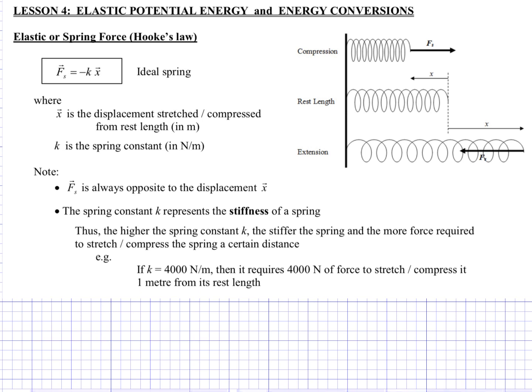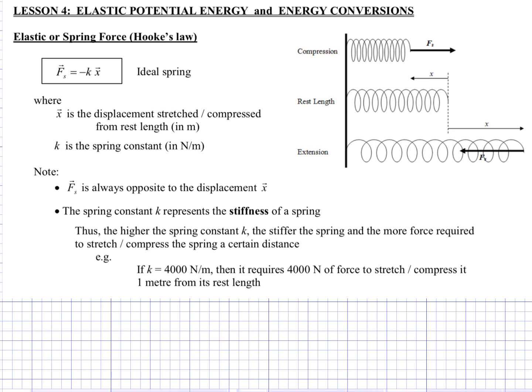It's a number that is associated with that particular spring, and it tells us essentially how stiff the spring is. A large k constant means it requires a large force to move or stretch the spring, and they're all proportional.